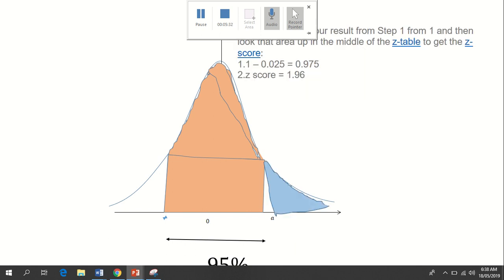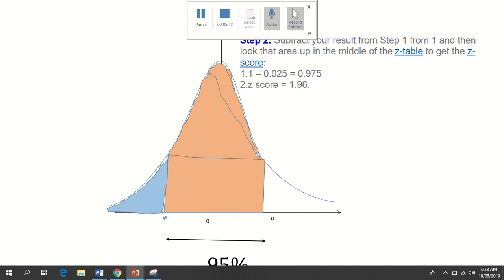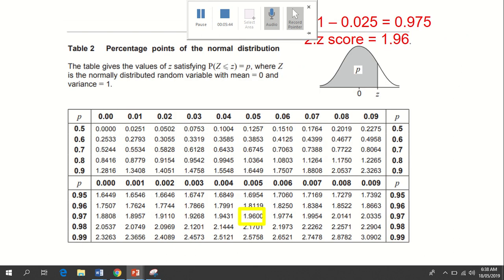After doing that, I am left with a probability of 0.975. I go to the table for 0.975. I follow 0.97 from the extreme left side and 0.005, and then I get the z-score of 1.96.